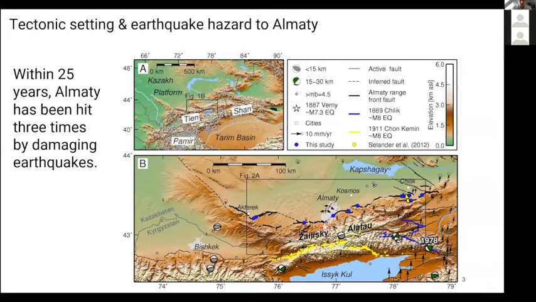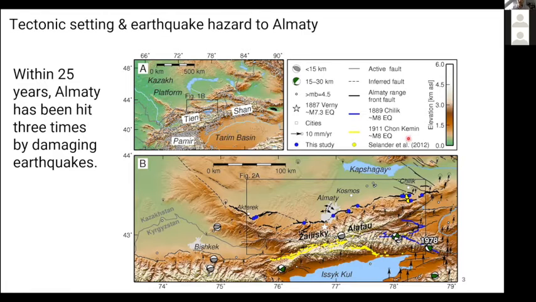The epicenter was close to the city, so the city was destroyed, quite a big earthquake. The interesting thing with that earthquake is that we never found any surface ruptures of it. The epicenter was not on the mountain front, but somewhere in the interior of the mountains, and it's not yet clear if there were any surface ruptures. We know about landslides and these things, but not about surface ruptures.